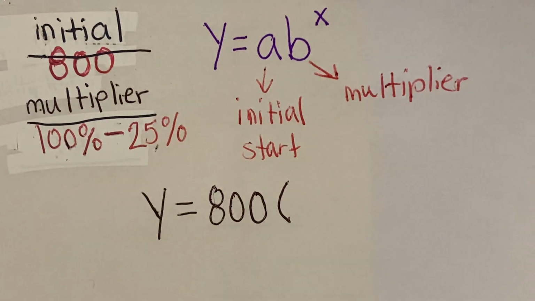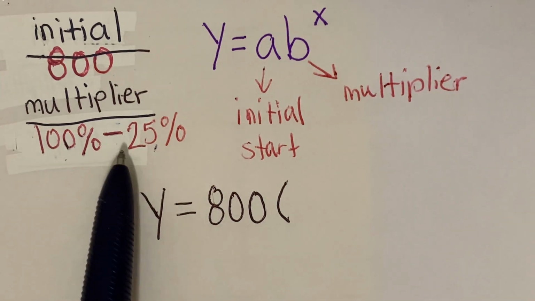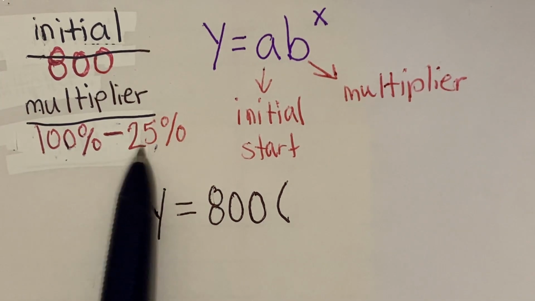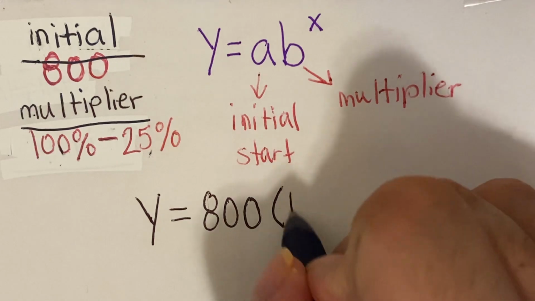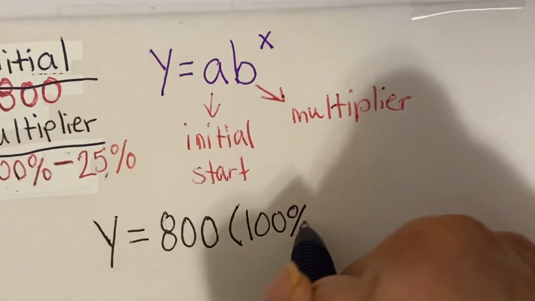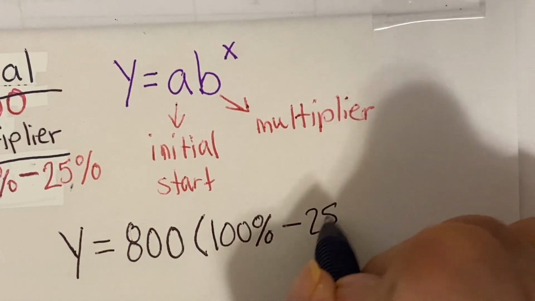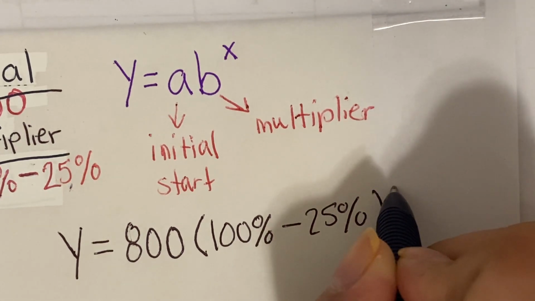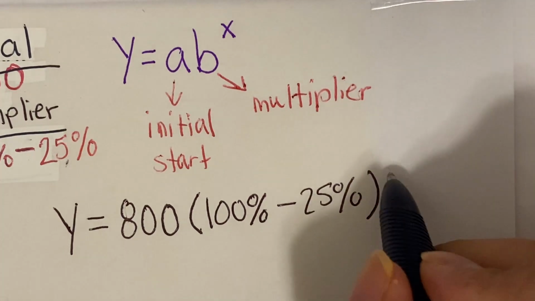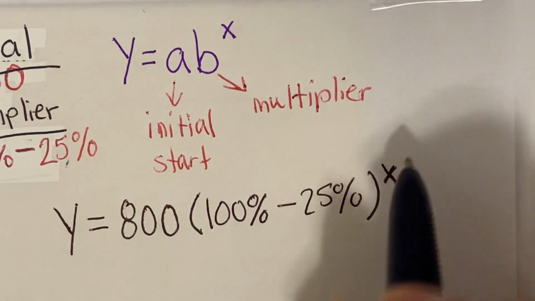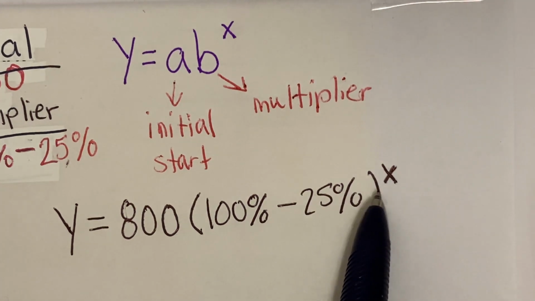Yeah, it says every hour. So every hour it's decreasing by 25%, by a quarter. So we put that in here, 100% minus 25%. And then, of course, don't forget your exponent, your variable x as the exponent.